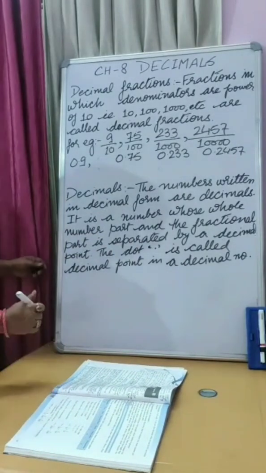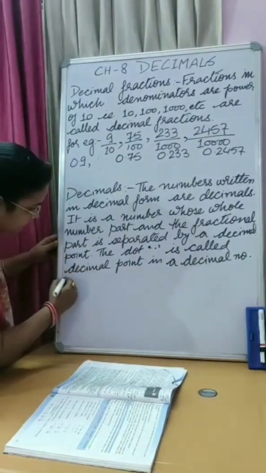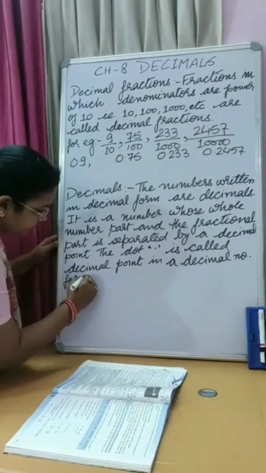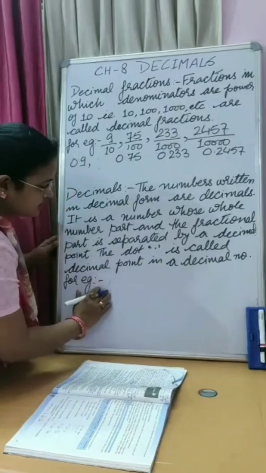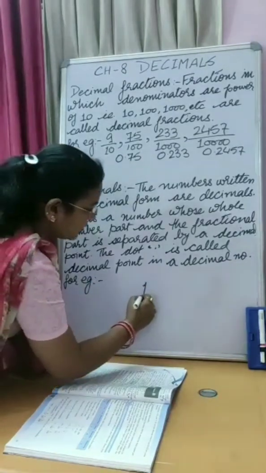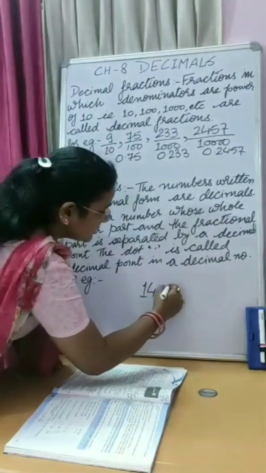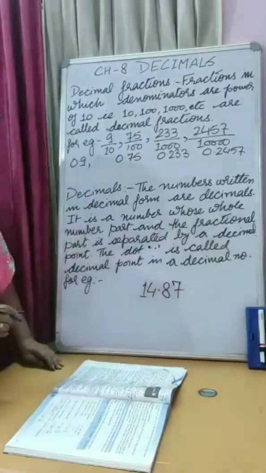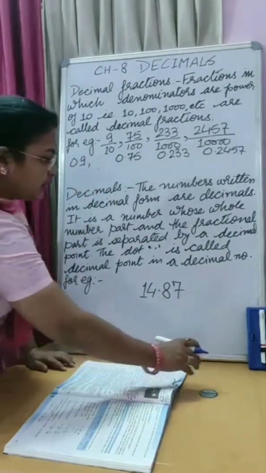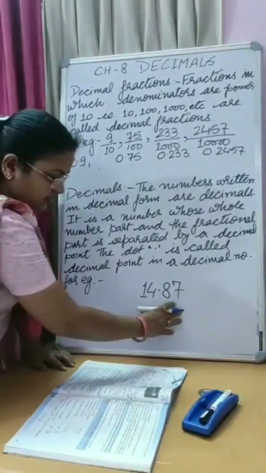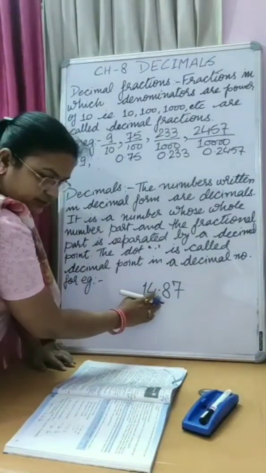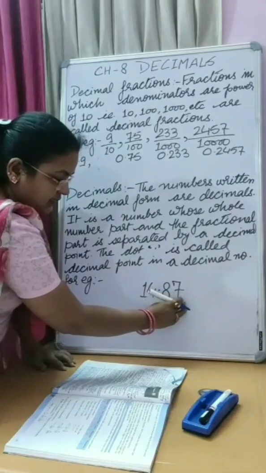For example, if you see here, 14.87. This is a decimal number. It is a combination of a whole number part, a dot, which is the decimal point, and a fractional part.